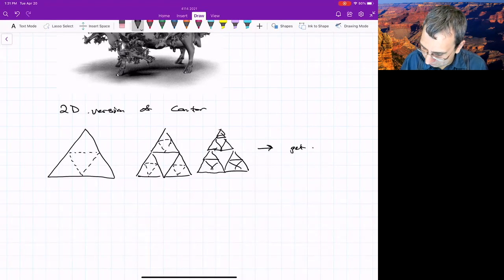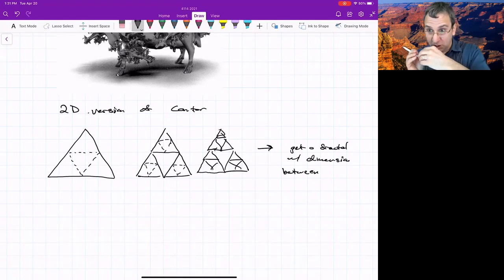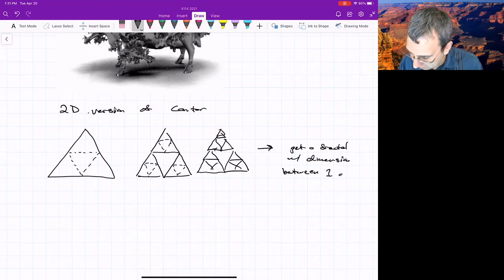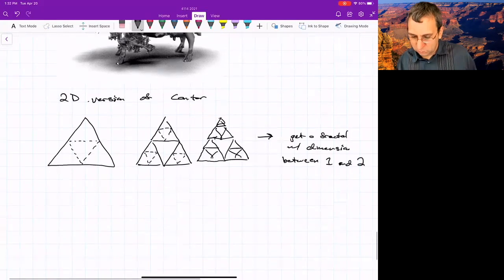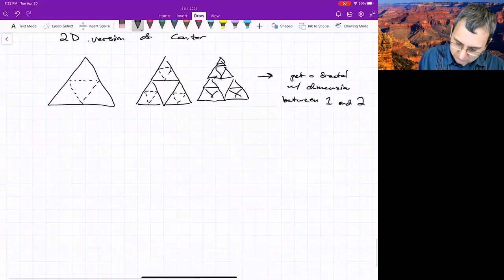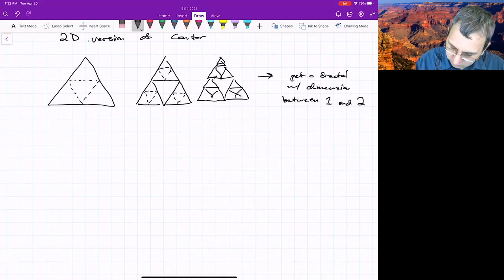You get a fractal with dimension between, because we mean the actual solid area, whatever's left, it'll be between 1 and 2, because we keep removing area. Eventually, this thing has no area, but it's also more than a curve. So what is it? We could calculate using box counting this, the Koch snowflake, and also the coastline of Britain.